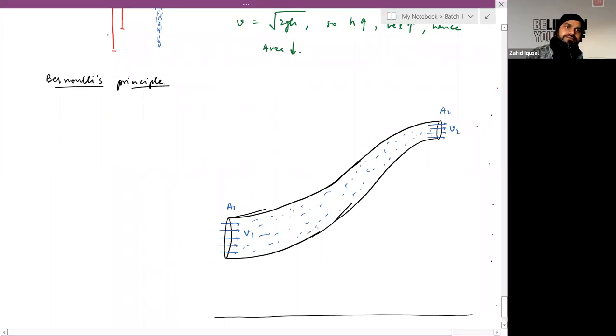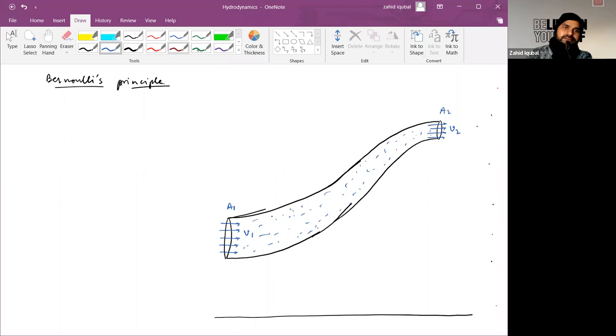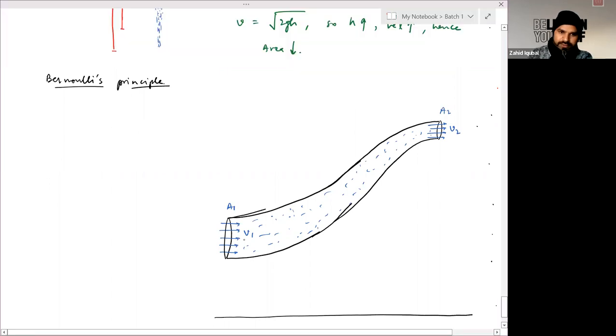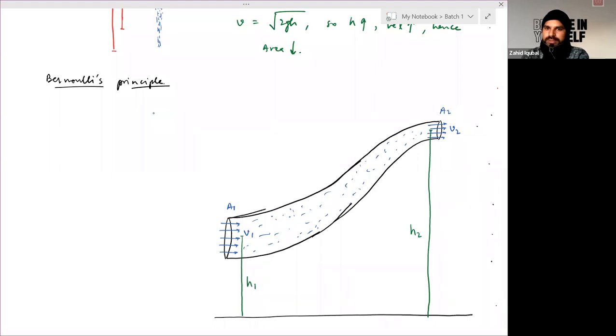Now, height of tube at this point H1 and at this point H2. So according to Bernoulli's principle, there is a particular limitation. One, liquid should be non-viscous.